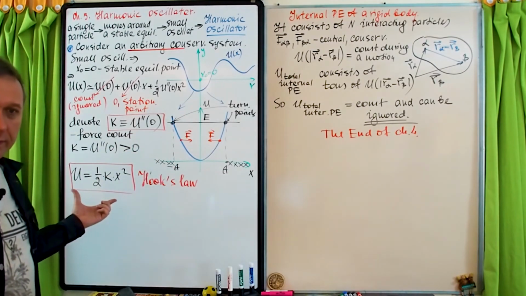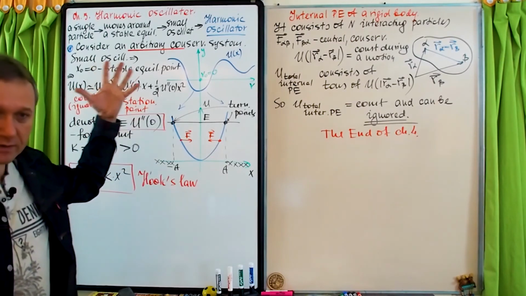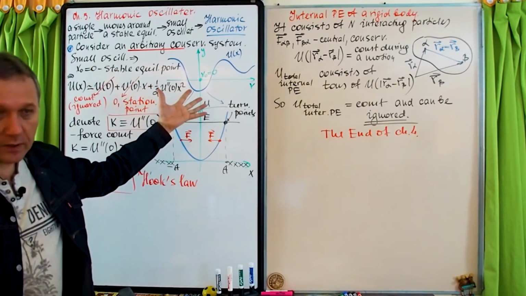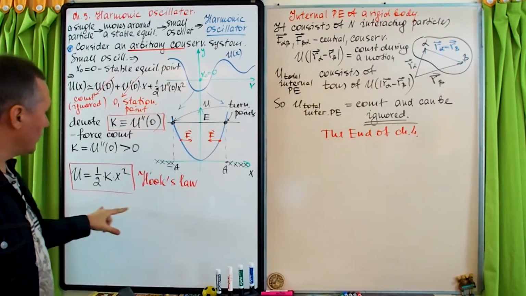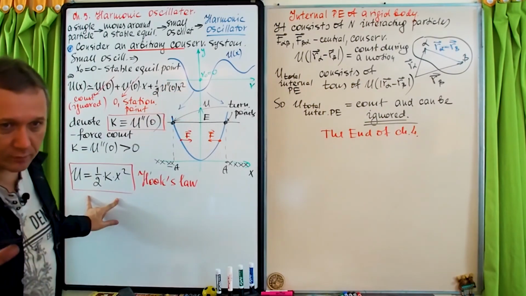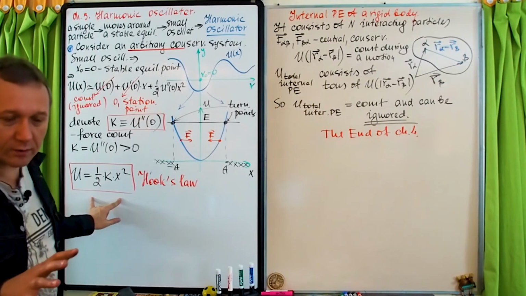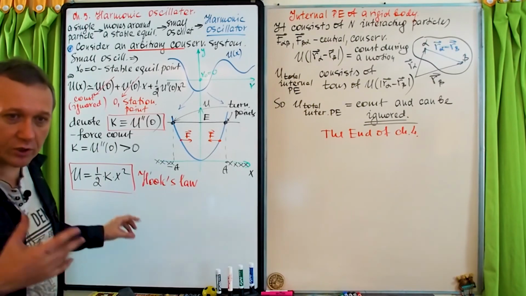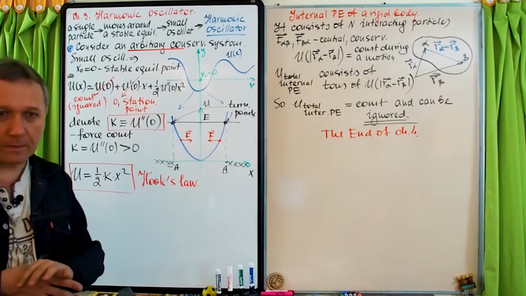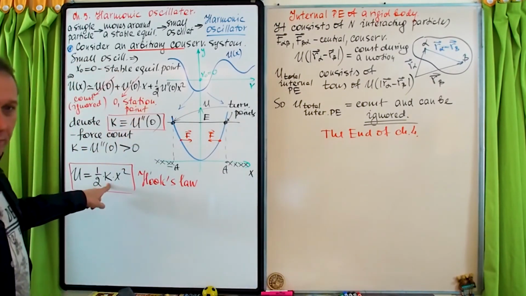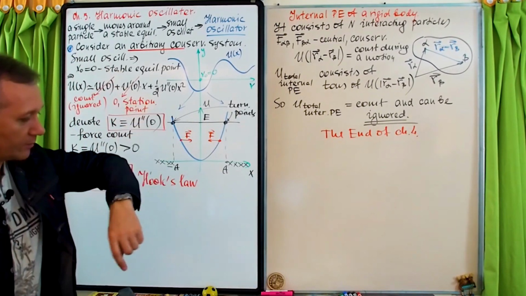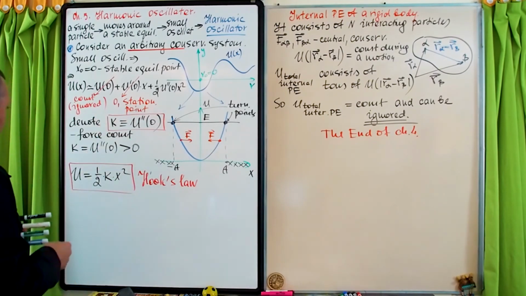You can pick any conservative system, find any stable equilibrium point, and use this Hooke's law. It's called general validity of Hooke's law. Of course, k can be different. We will look at examples, and k will be different.